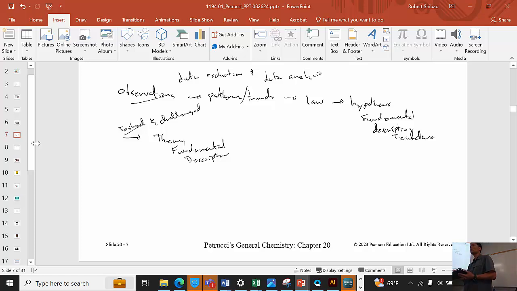Even when we get the patterns and trends, we don't rely on one set of experiments. We usually do multiple experiments and have to reproduce them. So experiments are continually part of this as well. And a theory is a fundamental description, but it has widespread acceptance, and two, it's got to predict, right?